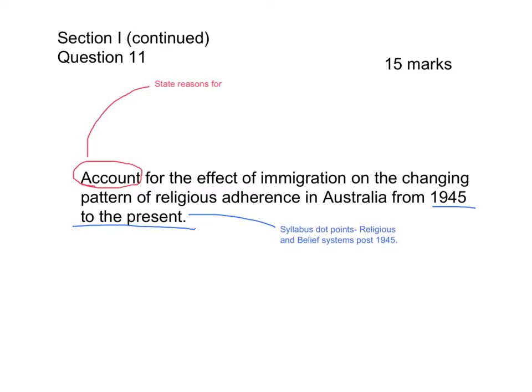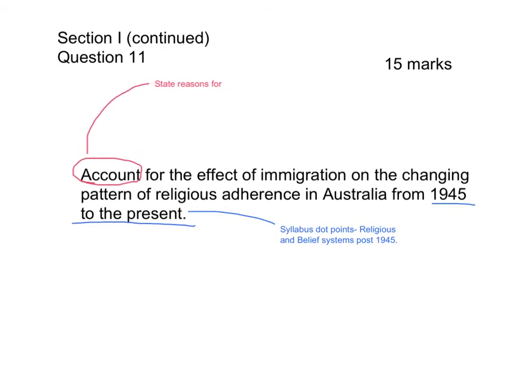More specifically, we are looking at religious adherence. Religious adherence is basically the religions that people were following. To adhere to a religion is to follow one.